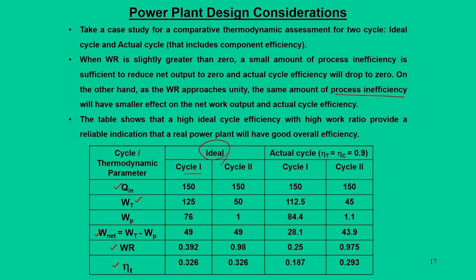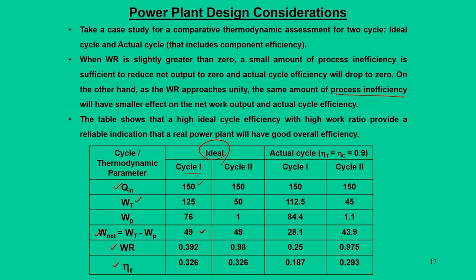For a given heat input Q in of 150 kilojoule, we are trying to get a net work W net of 49.